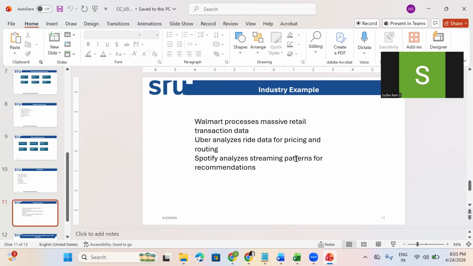Industry examples: Walmart processes massive retail transactions data. Uber analyzes ride data for pricing and routing. Spotify analyzes streaming patterns for recommendations.